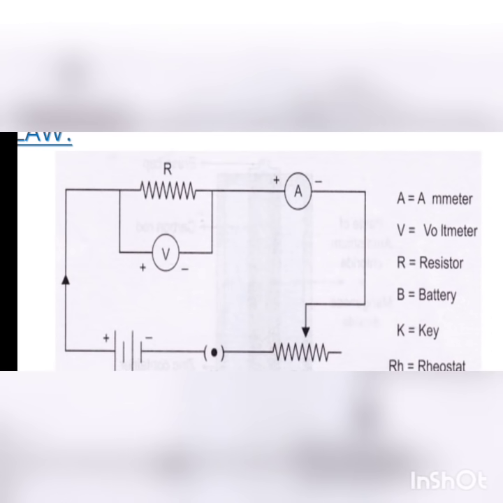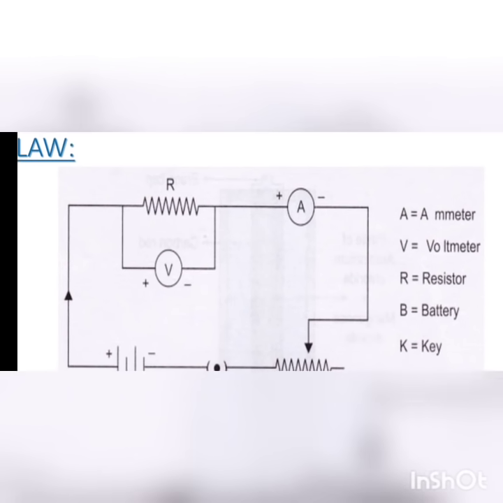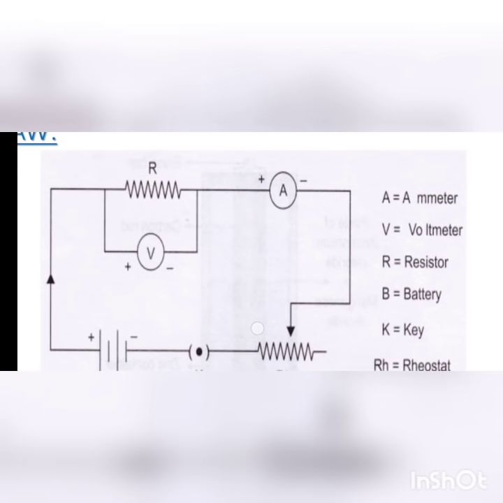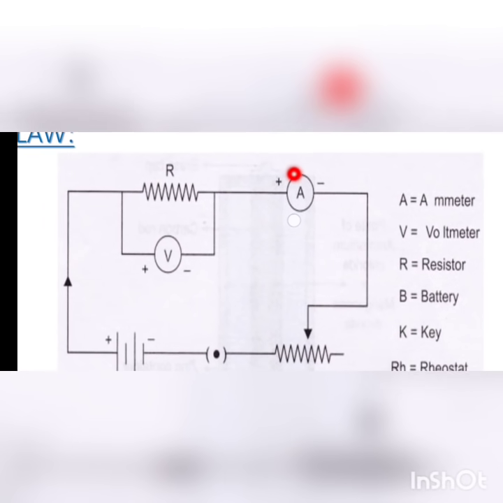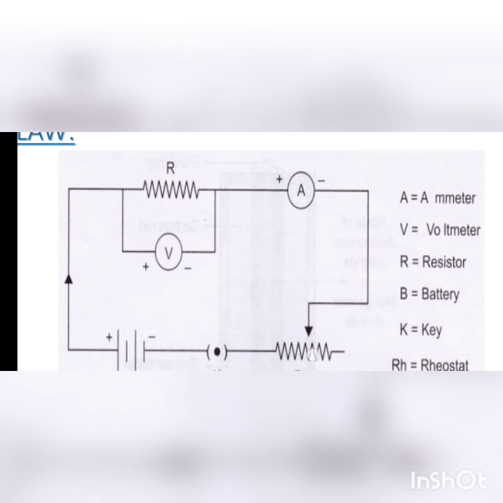Fine, so you are going to change the position of the rheostat with the help of that slider, and then note down the readings of the voltmeter and ammeter in a tabular form. Again change the slider position, your voltmeter reading changes, and similarly the corresponding current changes.